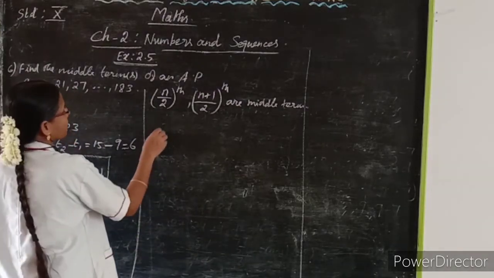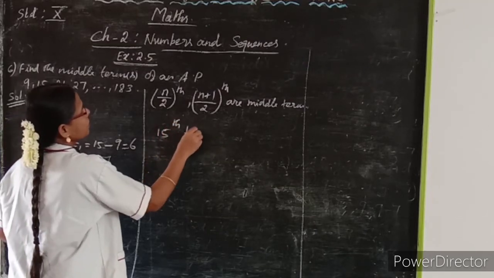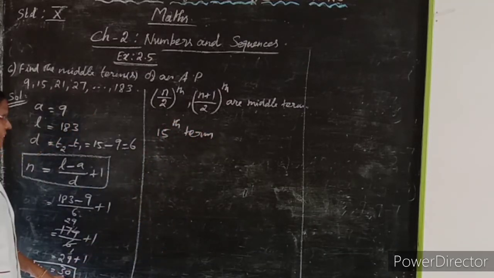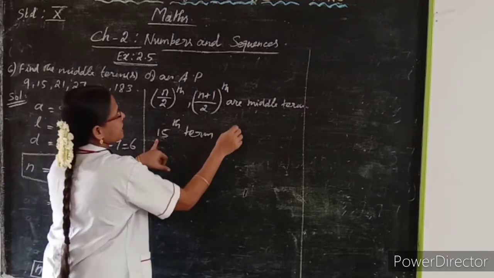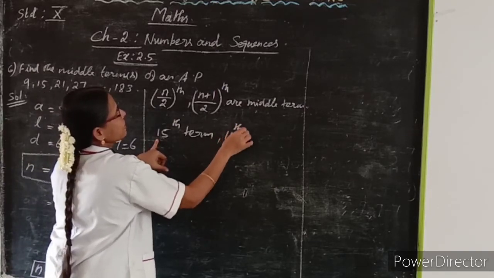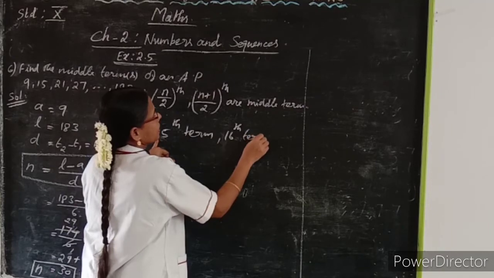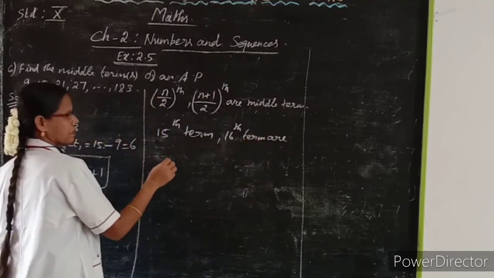That is the 15th term, since 30 by 2 means 15. After 15, the 16th term. The 15th and 16th terms are the middle terms.